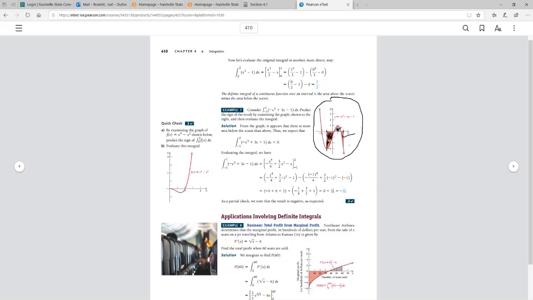And then they walk you through the fact that if you evaluate from -1 to 2, you end up getting a negative result, which is expected because you do have a lot of area that's underneath the graph. In other words, the cumulative area underneath the graph would be a negative number that's larger than the cumulative area above the x-axis and below the graph.